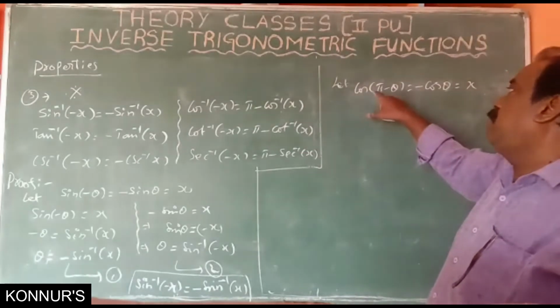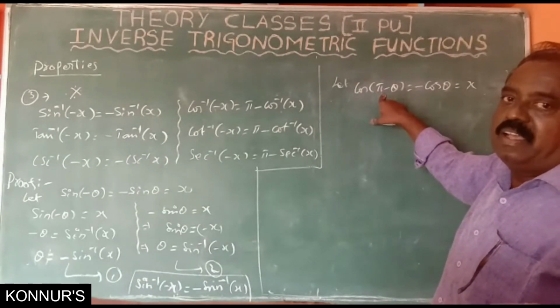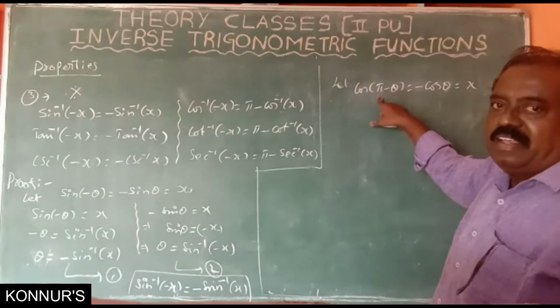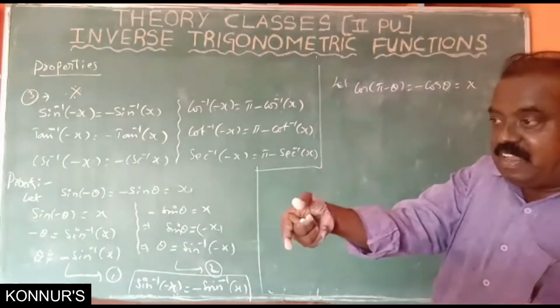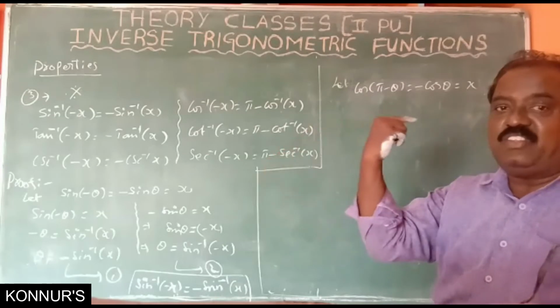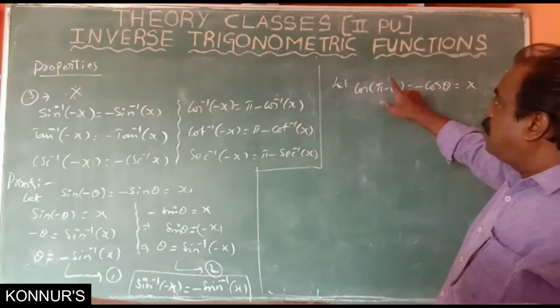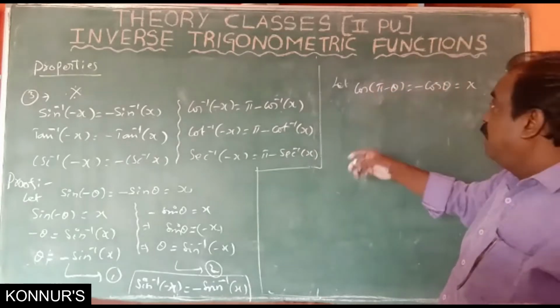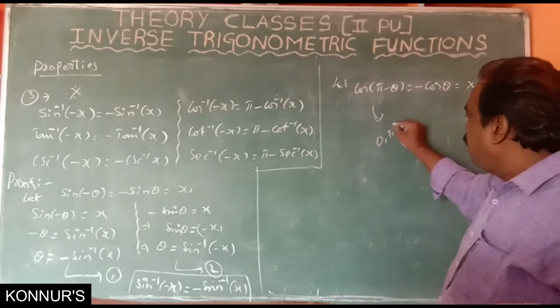The principal value of cos, the principal angle in the case of cos, is between 0 and pi. It is not more than pi. The cos interval is 0 comma pi.